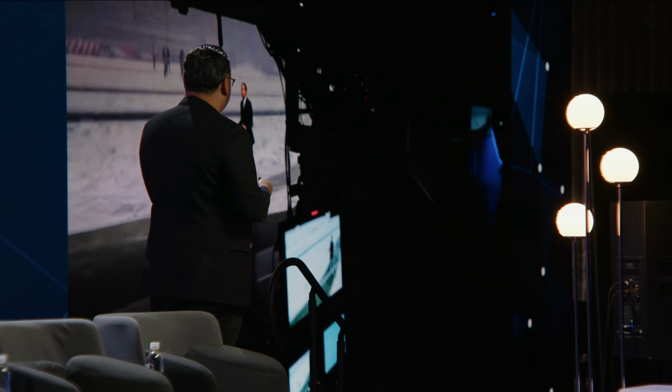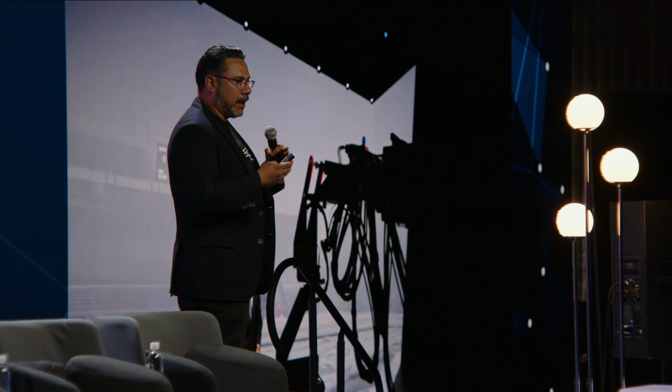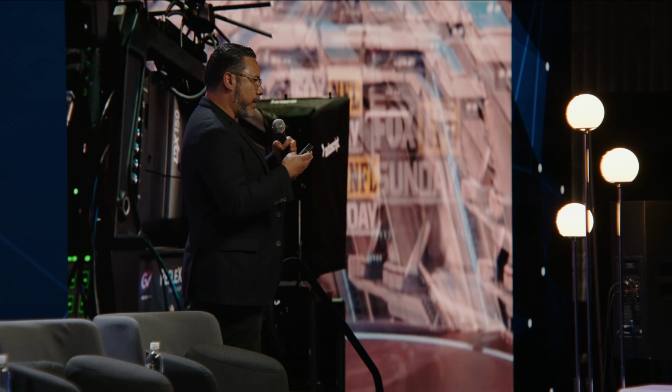That's what allows them to have 7 cameras looking at the same stage, at the same studio, and even if they cross each other, they will have different perspectives.